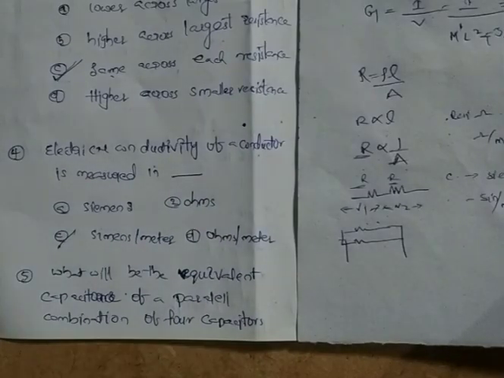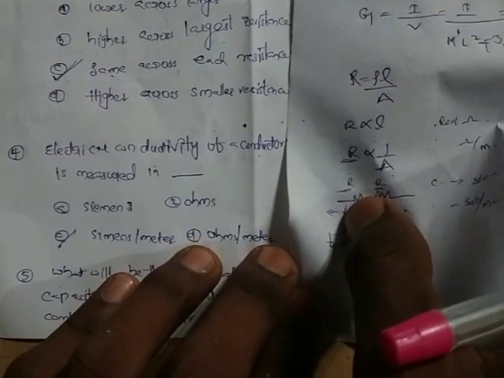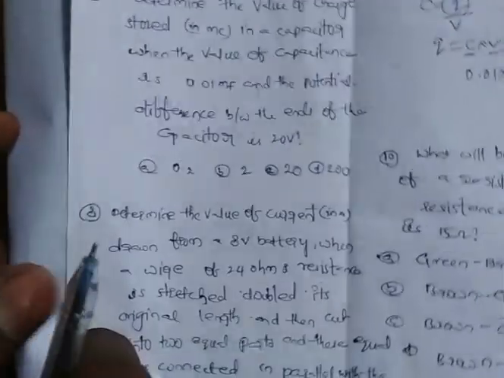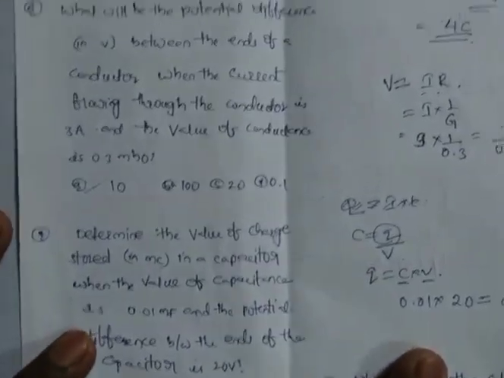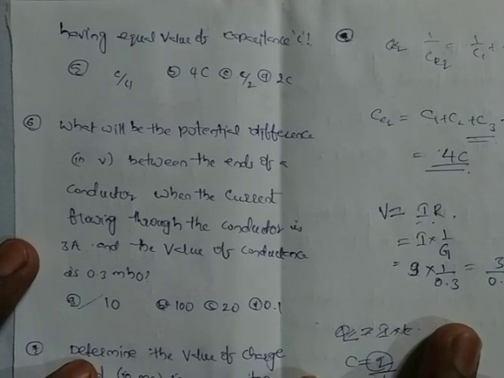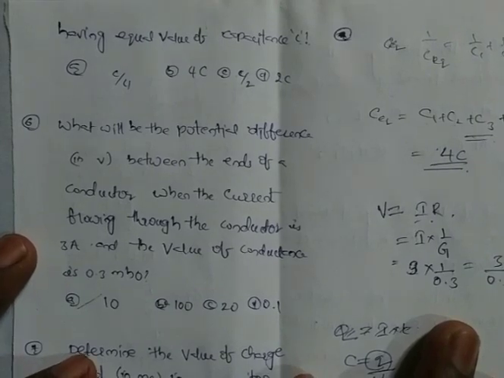Next question. What will be the equivalent capacitance of a parallel combination of 4 capacitors having equal value of capacitance C?